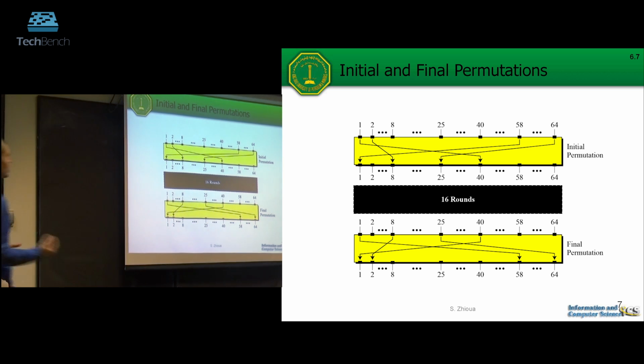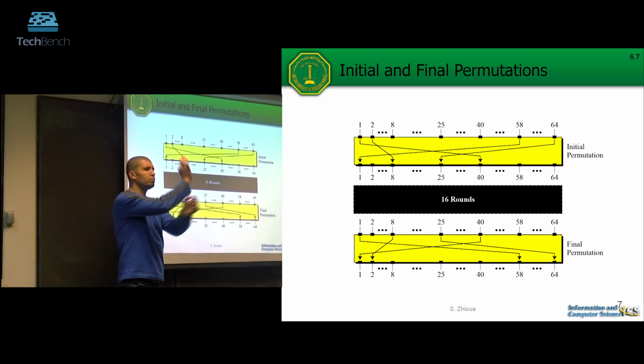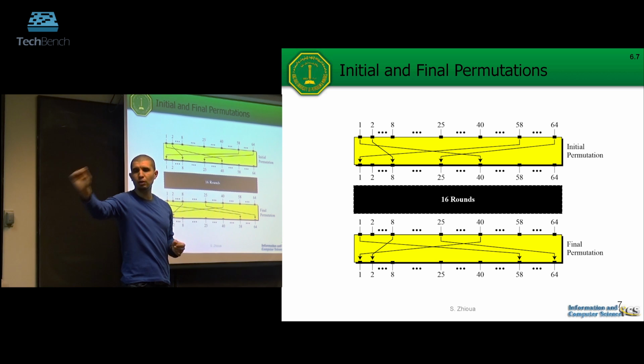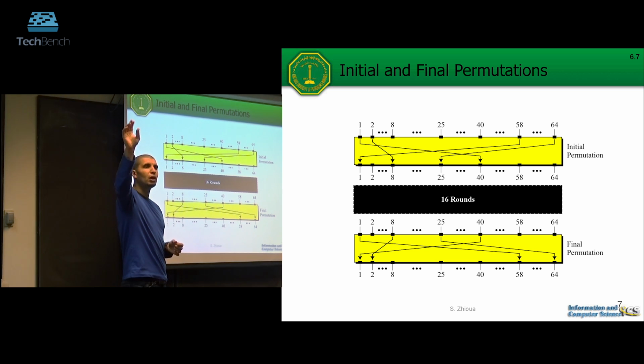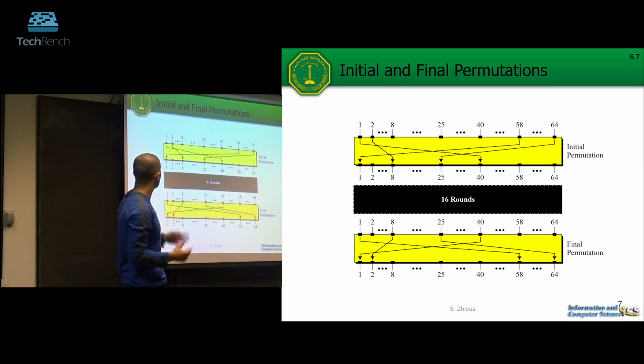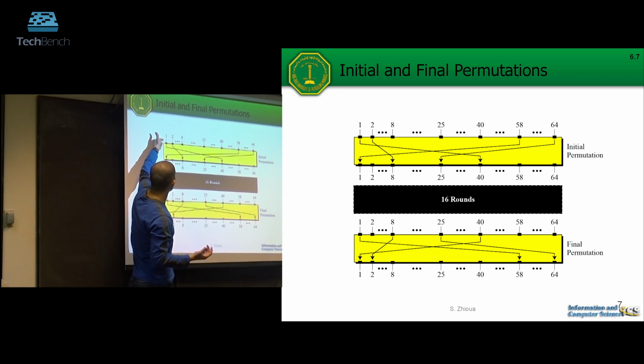Permutation: you have 64 bits, and you permute them using a particular model. For example, bit 2 you put in position 23, bit 54 you put in position 7. This is the initial permutation.